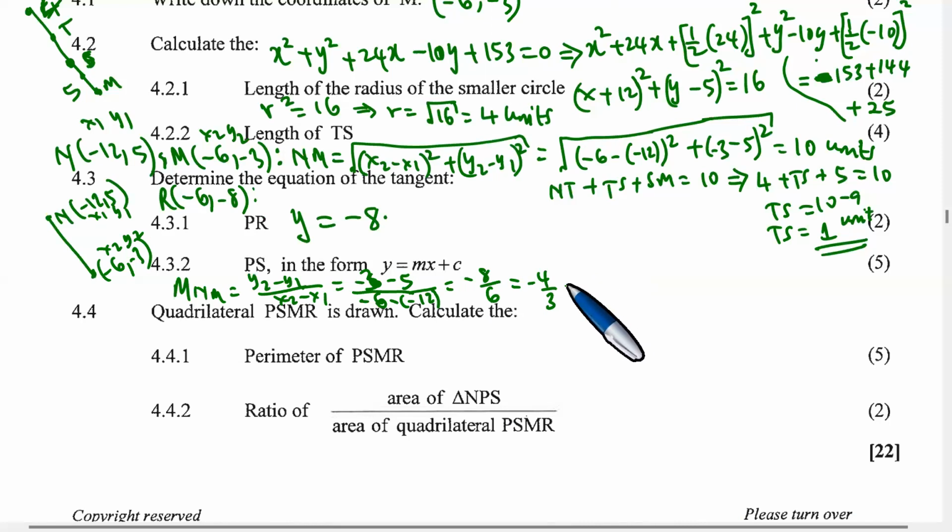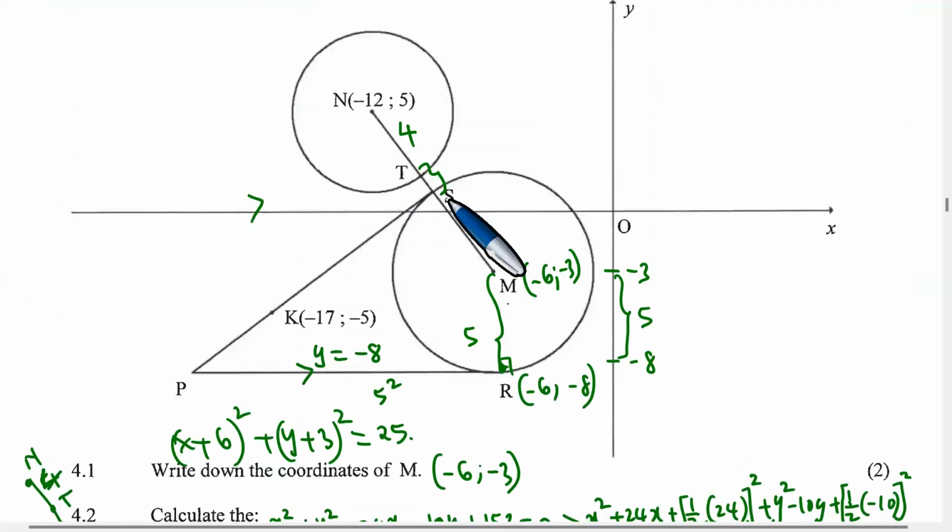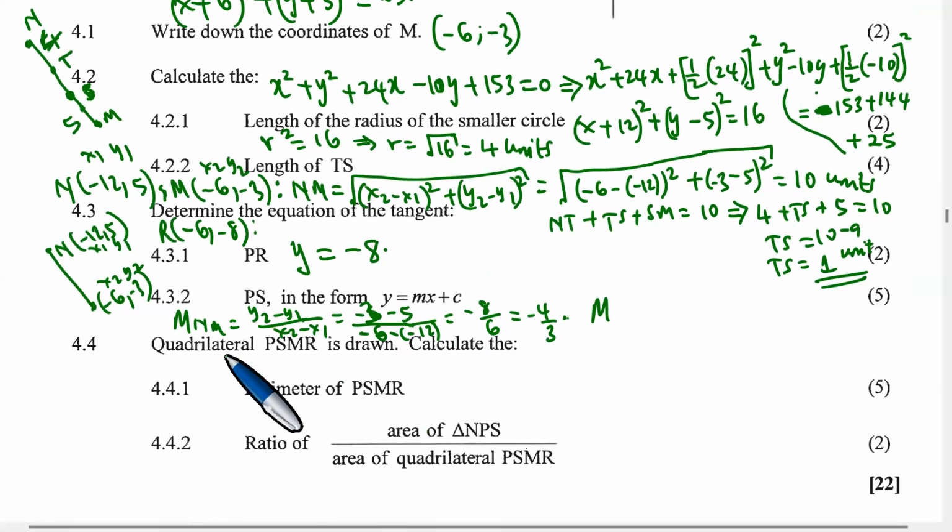Now you're going to deal with the gradient of the tangent. NM is like a radius, and therefore it's always perpendicular to a tangent. So the gradient of the tangent, because it's perpendicular, you reciprocate it, so it becomes 3 over 4, and if it's minus here, then it becomes a plus.